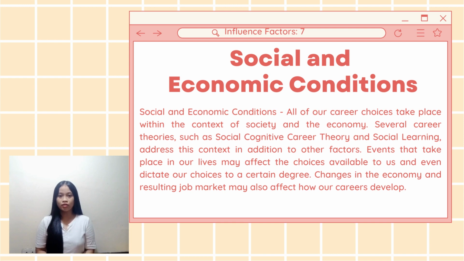The social and economic condition in which a person lives can have a significant influence on their future choices and opportunities. For example, if a person grows up in a low-income household with limited access to education and job opportunities, they may have fewer choices available to them in terms of what kind of lifestyle they can afford.